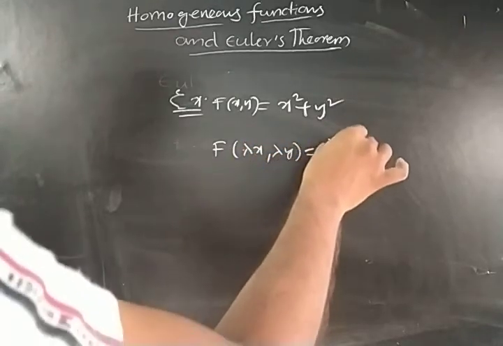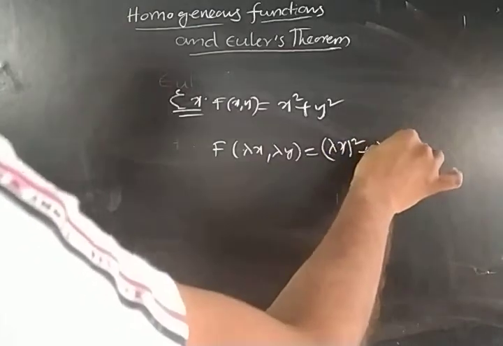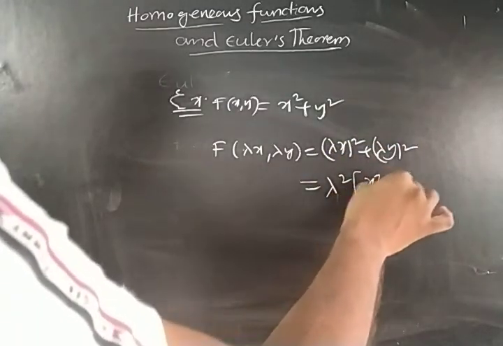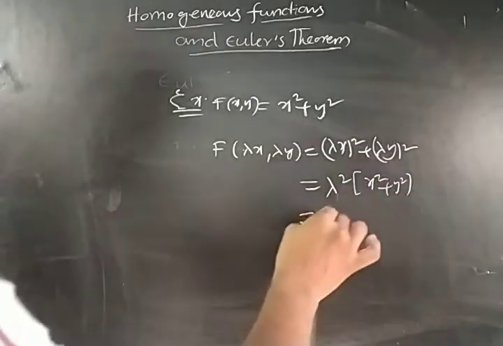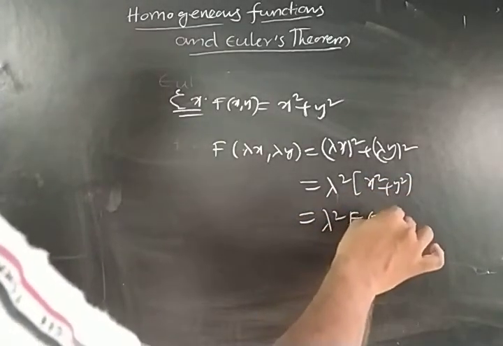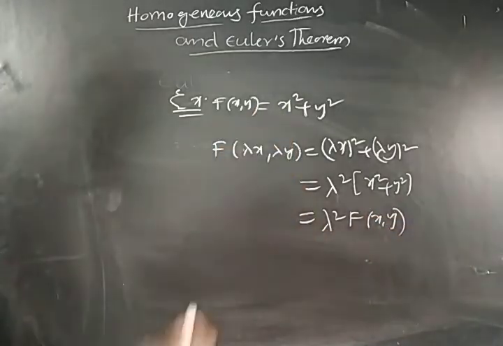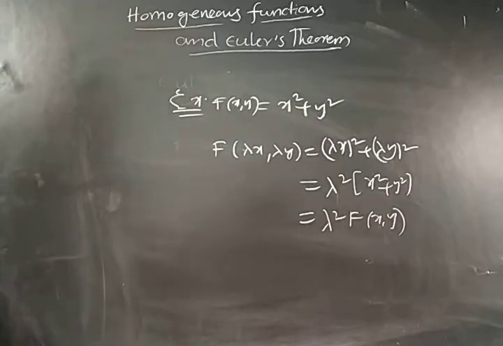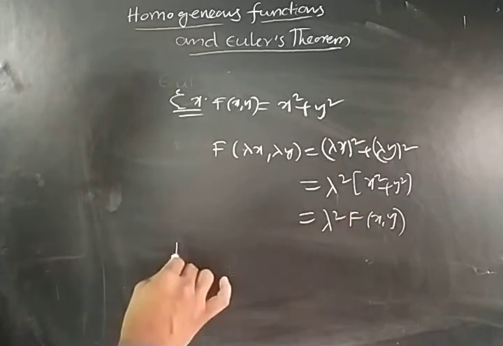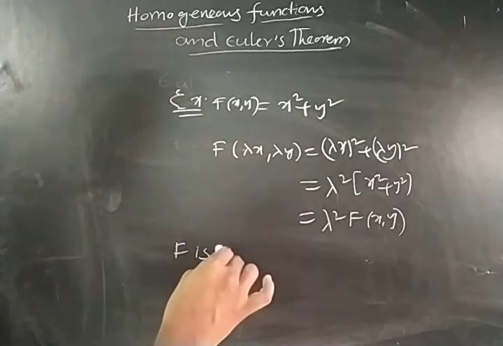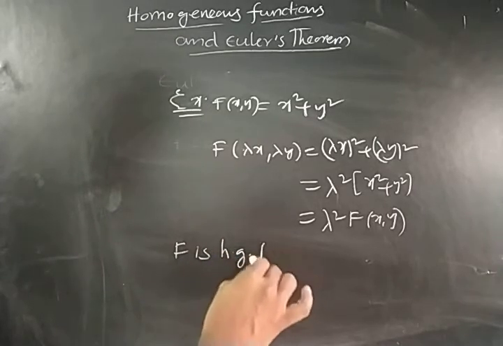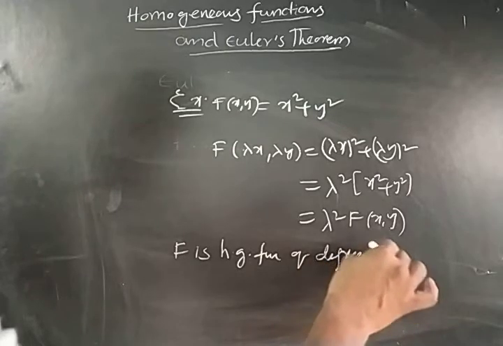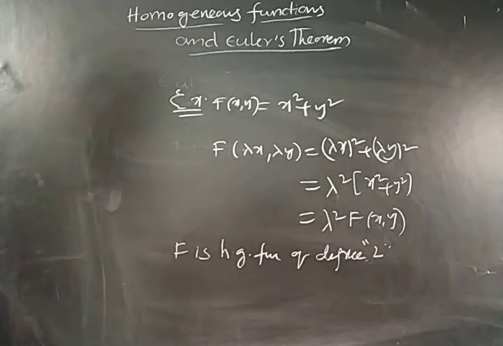Then you get lambda x whole square plus lambda y whole square, and by taking lambda square common you get x square plus y square, which is lambda square into f of x comma y. So this function is called a homogeneous function of degree 2. Here the power of lambda is known as the degree of the function. So f is a homogeneous function of degree 2 in two variables.